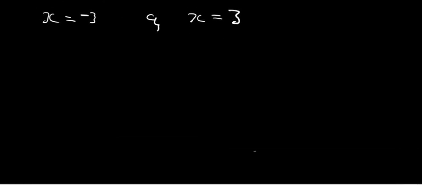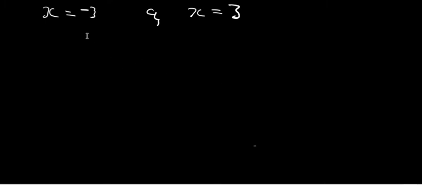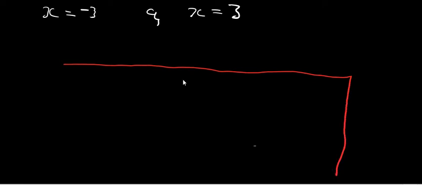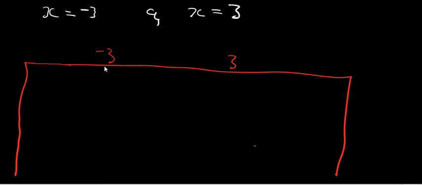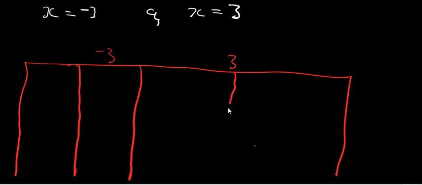Those are the two critical points that we have. I'm going to use the table to test the critical points. The first critical point is -3, it's going to be there, and the other one is 3, which I'm going to put there, and then I demarcate that, and also that.